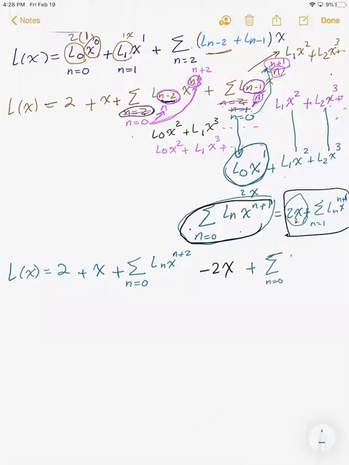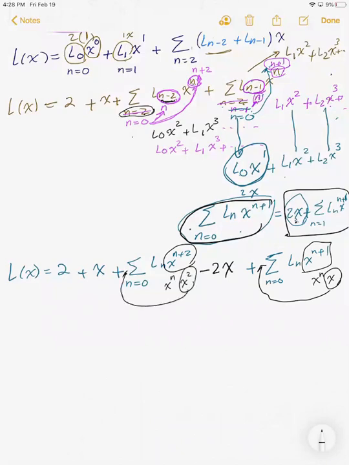N is 0, ln x^(n plus 1). Next, I'm going to write this x to the power n plus 1 as x to the power n times x, and this x doesn't have an n, so it can come outside. The same thing here. I can write that x to the power n times x to the power 2. This x to the power 2 could come outside.